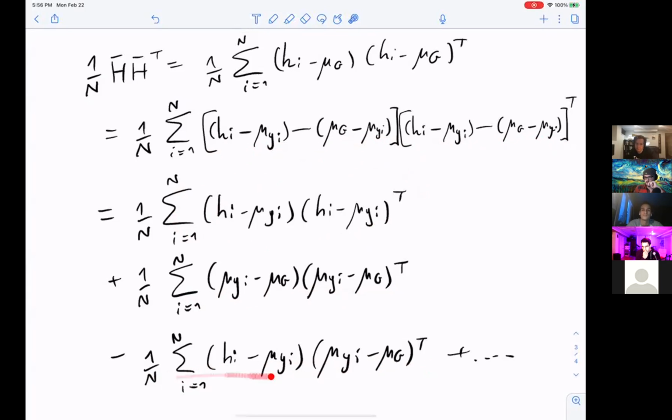And here, I have the cross term, which is this thing multiplied by that thing. Make sense or doesn't make sense? Too fast or too slow? Professor, don't you have two cross terms? I do, but I got lazy in the second one. Oh, okay. I do have two, yeah.